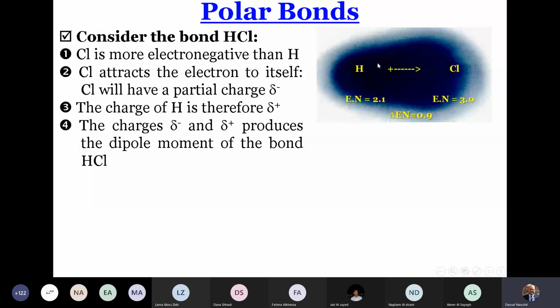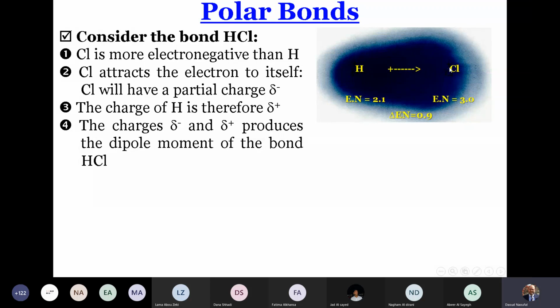First of all, I have to explain what this means. The hydrogen has one valence electron. So the hydrogen electron has a probability of presence. In the Cl, we have 7 valence electrons, so we also have a probability of presence of these 7 electrons.